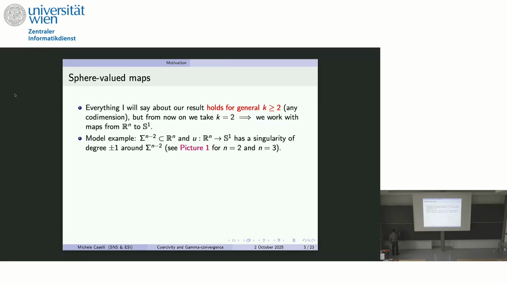And the second example is n equals 3. The model is that U has a singularity on a curve, a one-dimensional object. So you can imagine that I have a closed curve sigma in R^3, and the map U is defined on the exterior of the curve to S^1, is smooth, and has degree plus or minus 1 on small circles that go around the curve.